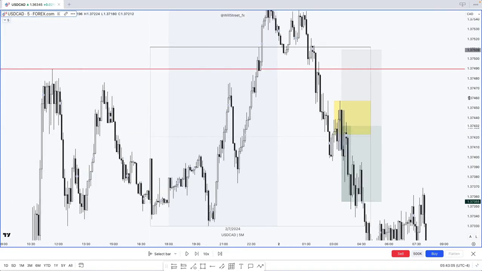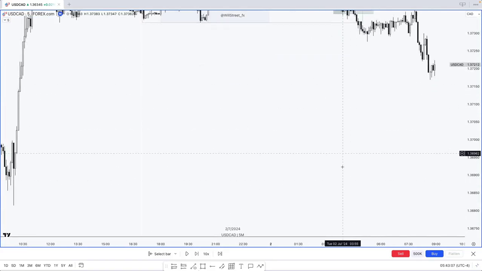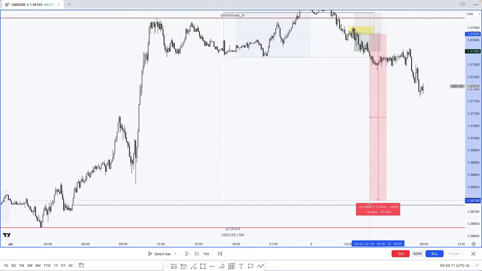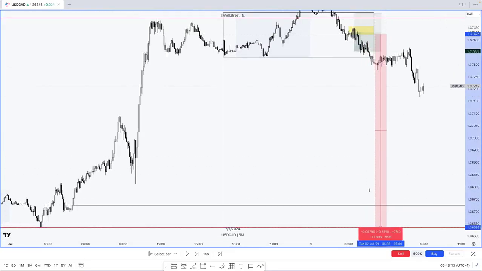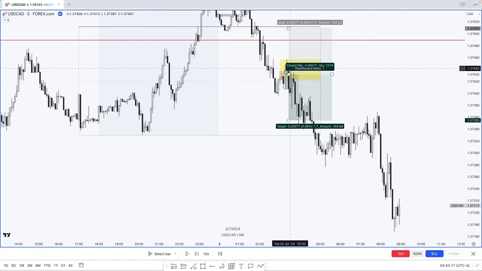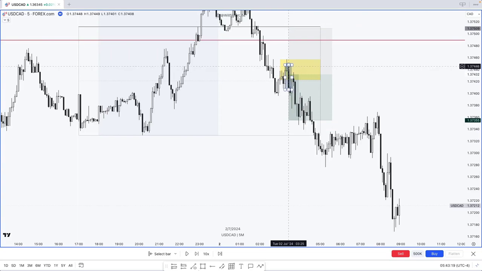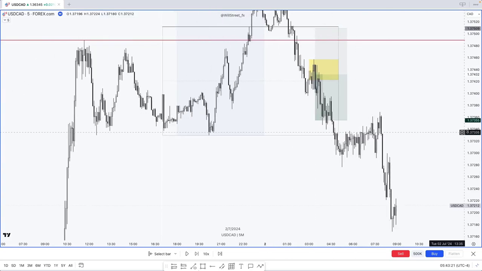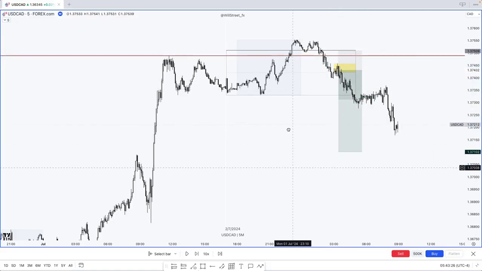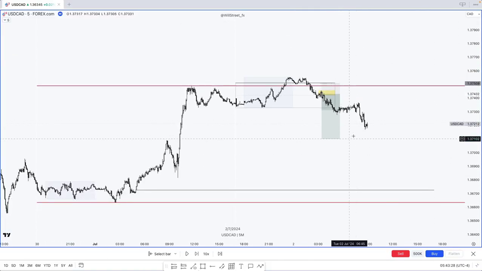I mean, look at the target. It is like 70 or 80 pips. Of course, this is an optimal short, but I'm not taking this one because I'm already short here. Where was my exit? Because I don't like holding trades for hours.